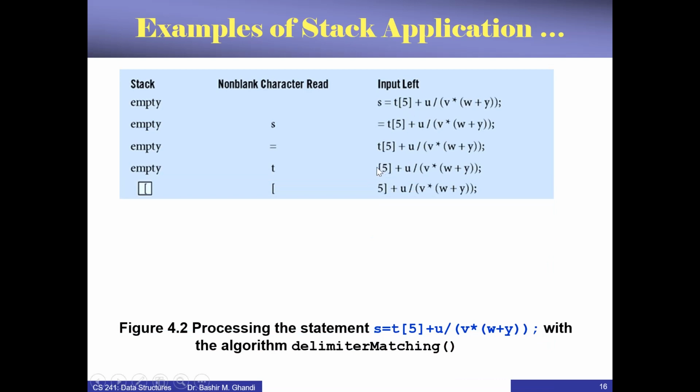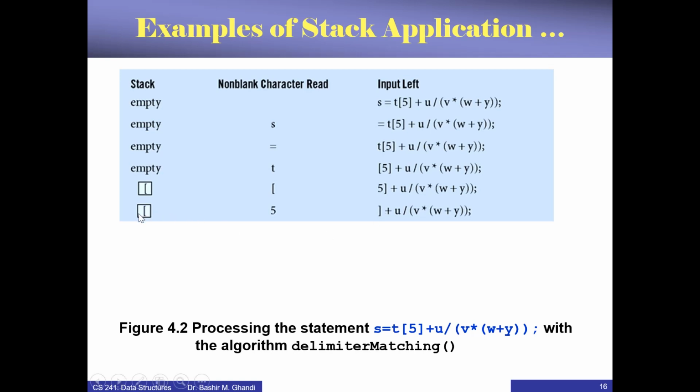When we read this bracket, it is an opening bracket. Therefore, according to our program, we should push it in our stack. So you can see the stack is no longer empty. It has an opening bracket. We read 5, ignore the 5, it's not a bracket. But when we read this one, it is a closing bracket. So the first thing to check, is the stack empty?